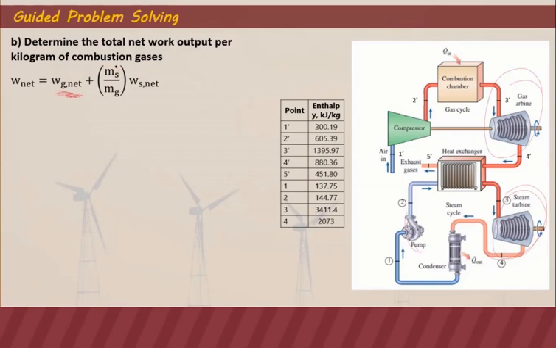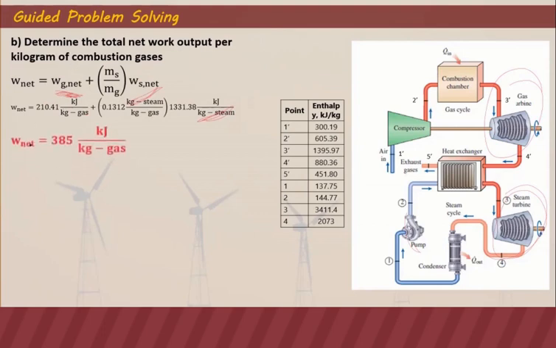We can cancel out the kilogram steam, so the result is per kilogram of gas, which is also the requirement. So the work net is 385 kilojoules per kilogram of gas.